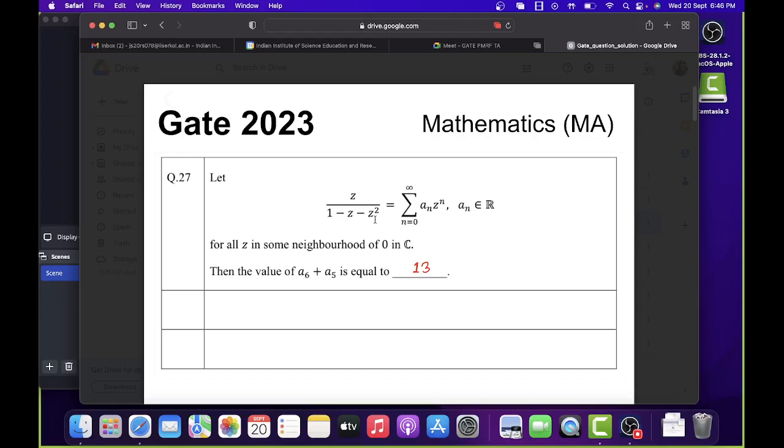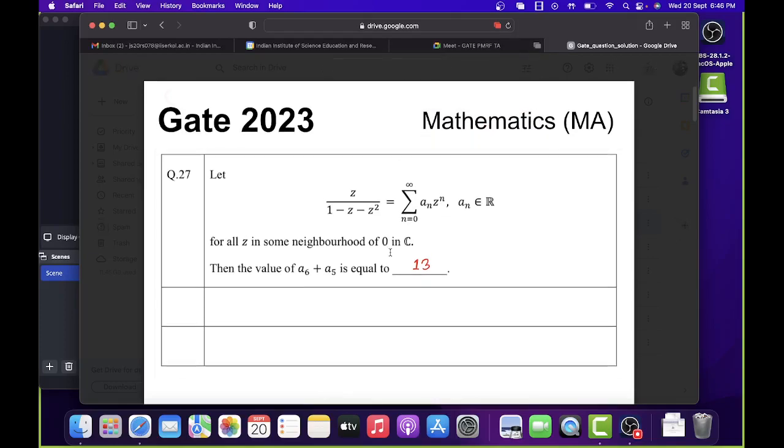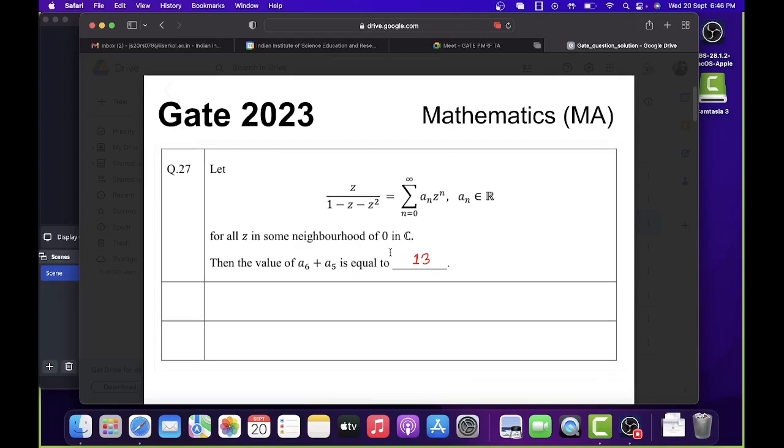And if you know the formula for the nth coefficient, it is basically the nth derivative divided by n factorial. If you plug in there, you have to use that this is the golden ratio, that alpha square equals alpha plus 1. If you use that, you can also easily get that. But if you can recognize that this is the generating function for the basic Fibonacci sequence, you do not need to compute the derivative.